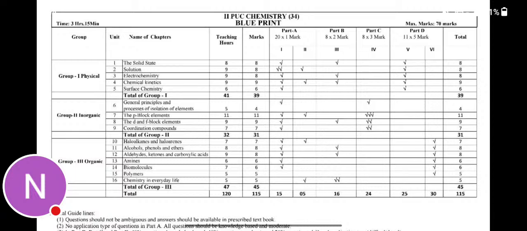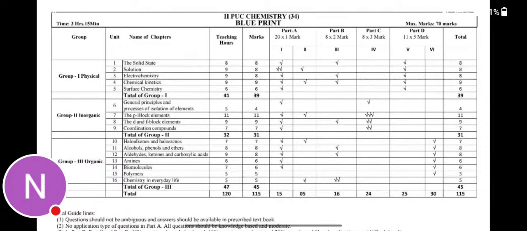So total 5, 1, 1, 7 marks from this haloalkanes and haloarenes chapter.